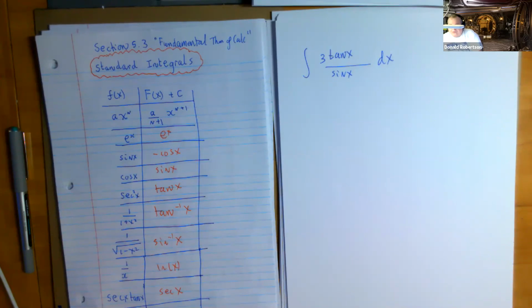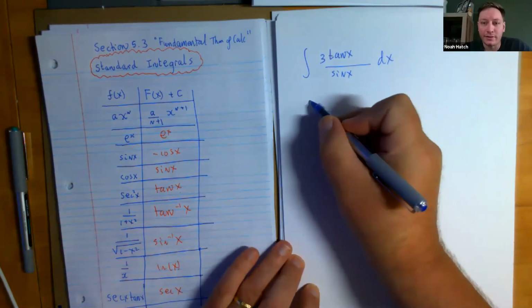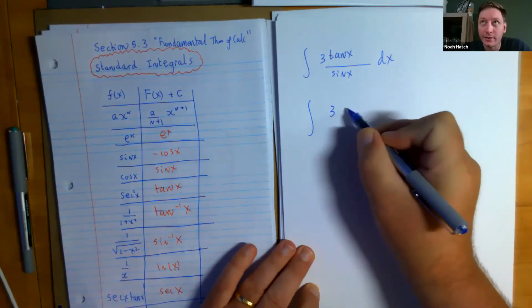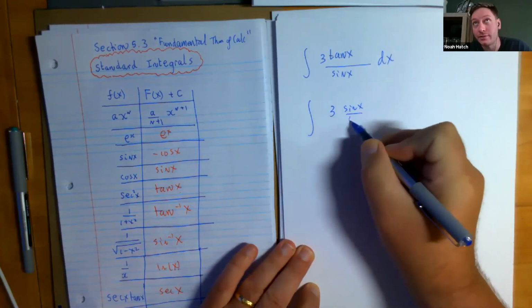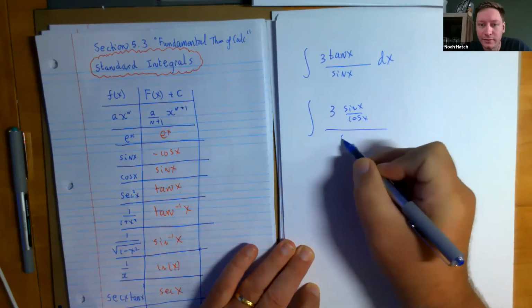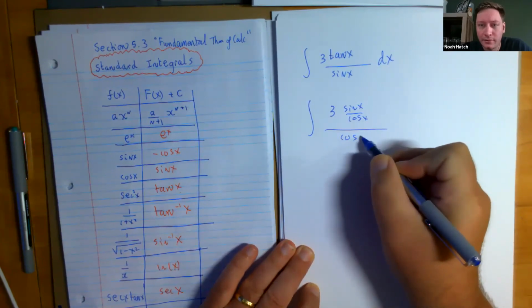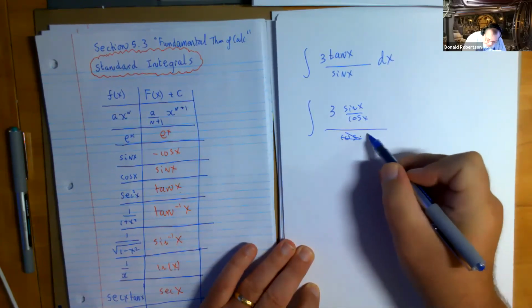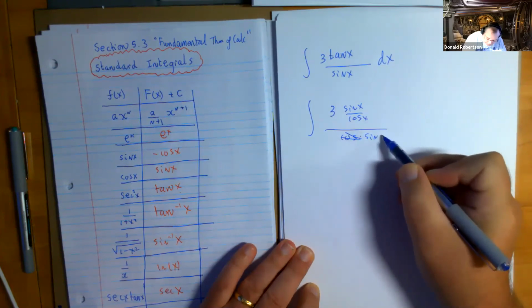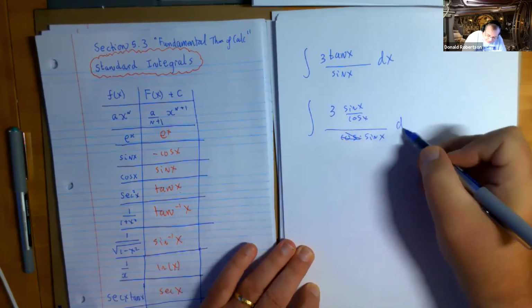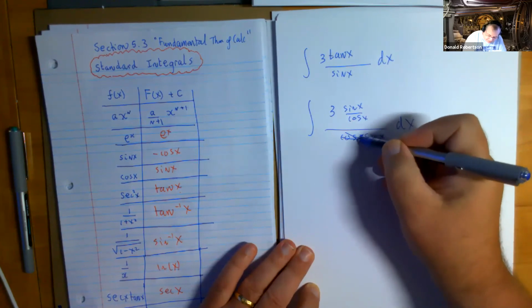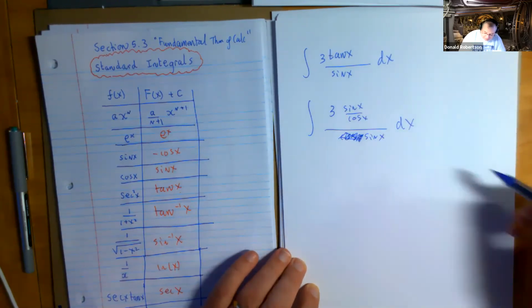Last one, this one. You could change the tangent of x, 3 tangent of x, to 3 sine of x over cosine of x, over sine of x, which should divide out your sine of x. And you were saying? The sines cancel?